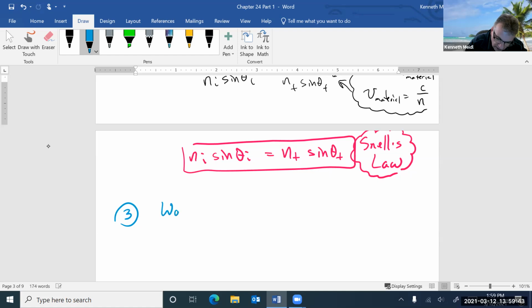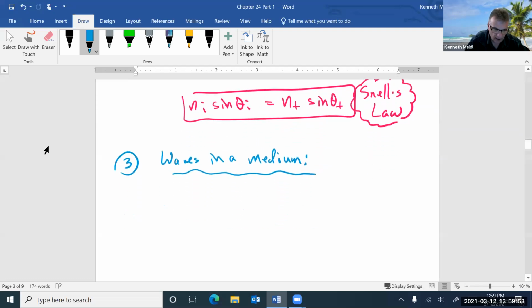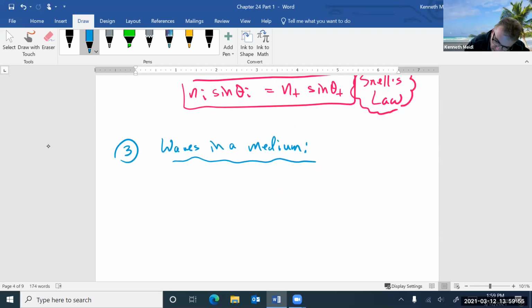Let's take a look here at waves in a medium and see what's going on there. And so, since we've got Snell's law basically right in front of us, if we have this boundary here where you've got maybe one index there, some other index there, and light comes in, we're going to approximate it with this wave now.